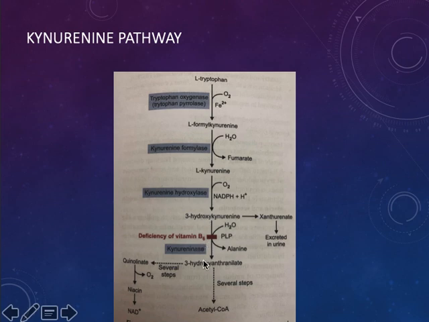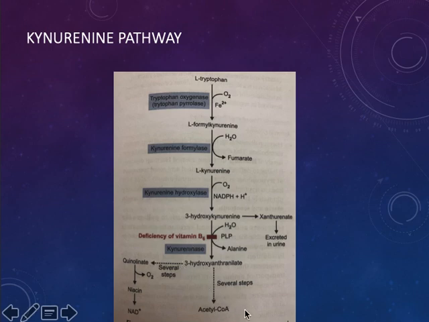So this is the breakdown pathway or the catabolism of tryptophan, to give alanine that enters into the glucogenic pathway, acetyl CoA that enters into the ketogenic pathway, and also it leads to the synthesis of niacin and the coenzyme form of niacin, that is NAD. So this is the kynurenine pathway.